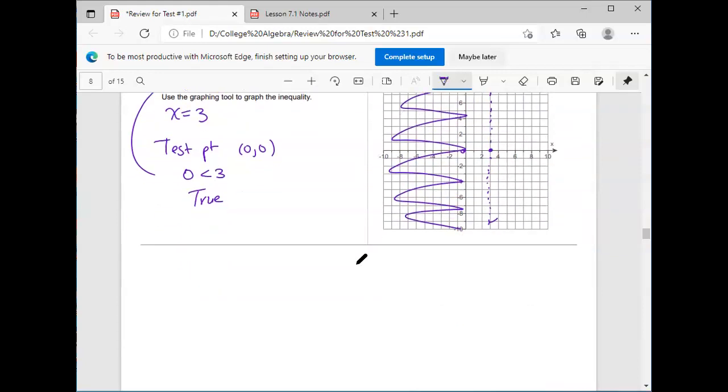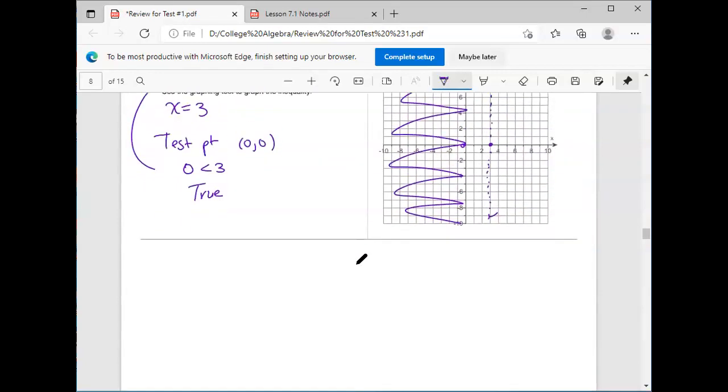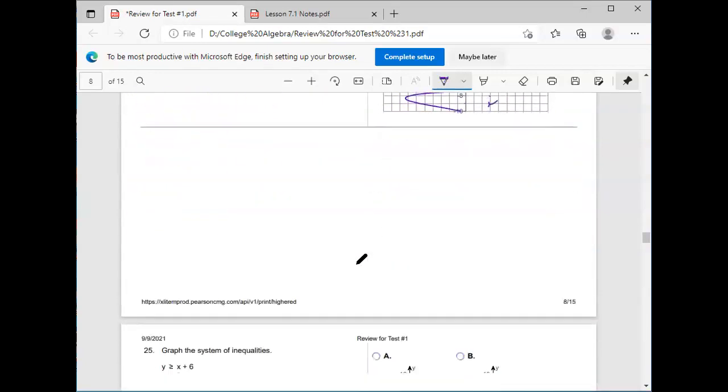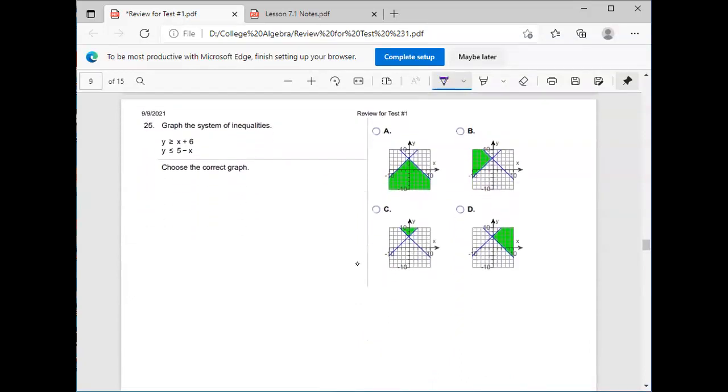Okay, last problem. Okay, so we've got to talk about two different things. It looks to me like we don't even really have to, I don't know if you guys agree with this, but all of the lines that are drawn are the same.